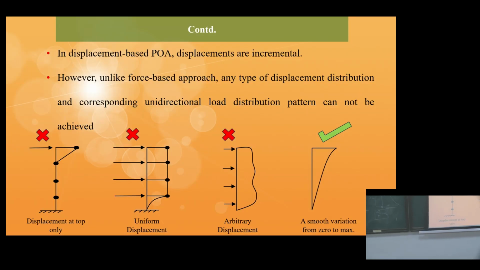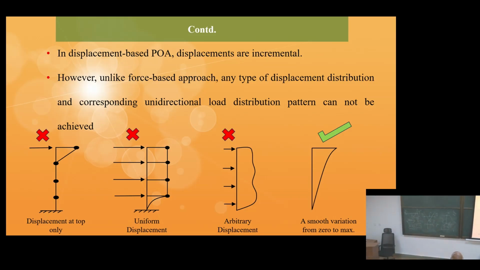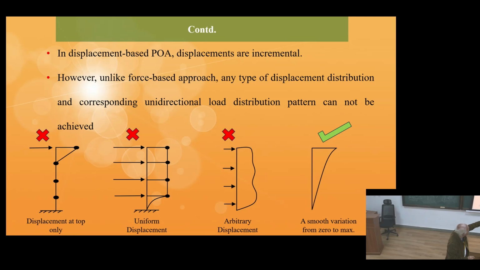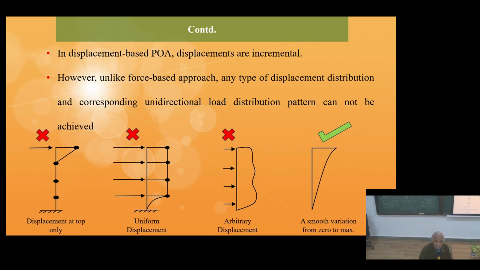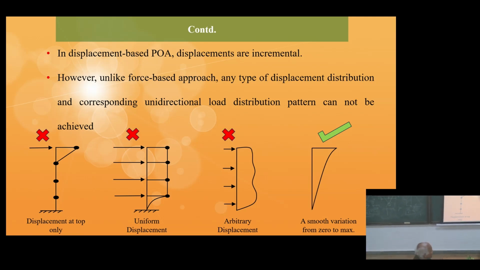Then arbitrary displacement, that cannot happen at all, right? You cannot give an arbitrary displacement and have a force distribution. You cannot do that. This is only what is possible: a smooth variation from 0 to maximum.